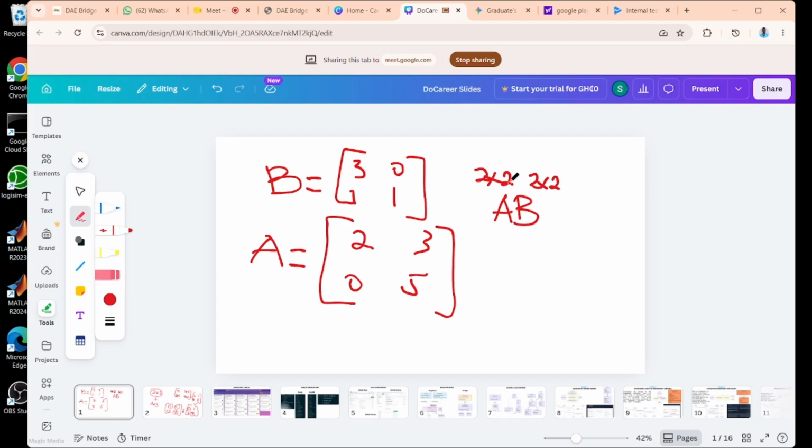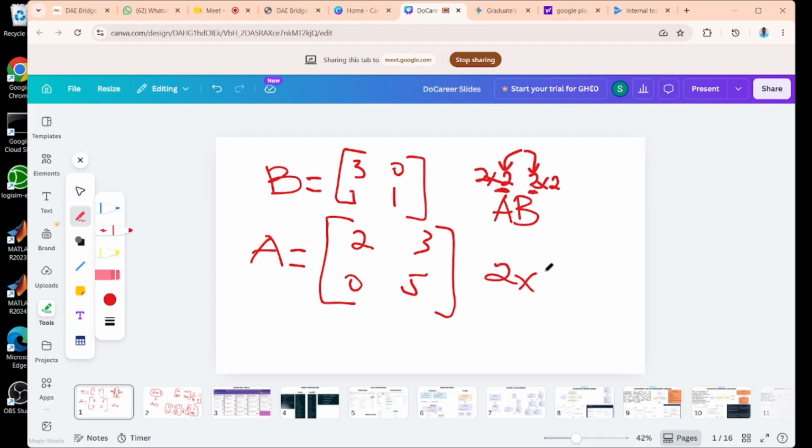Before they can be allowed to multiply, the number of columns of the leading one should be the same as the number of rows of the following one.